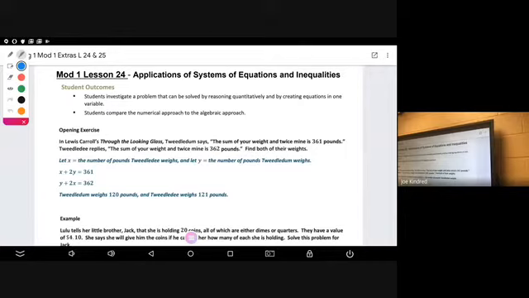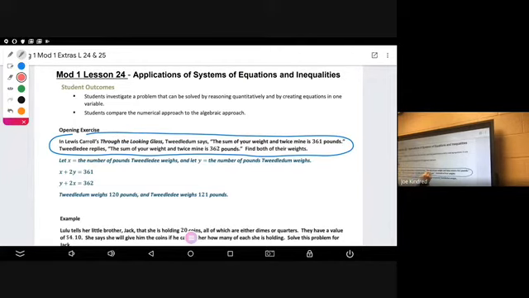In this opening exercise, we need to really read and understand, looking for keywords like sum: the sum of your weight and twice mine is 361.